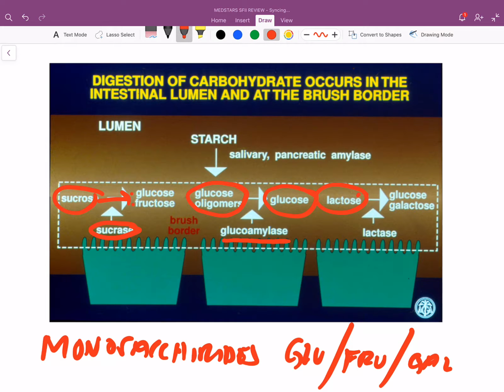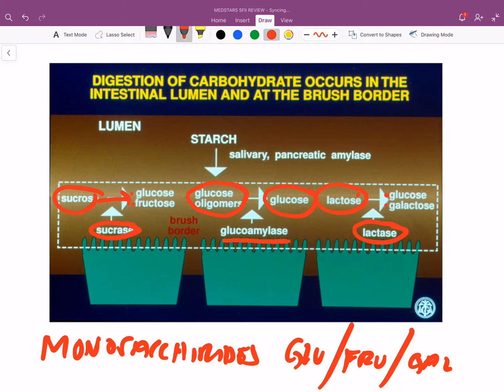We turn lactose into glucose and galactose, and the enzyme we use for that is lactase, which is a brush border enzyme. We can talk about people who are lactose intolerant.